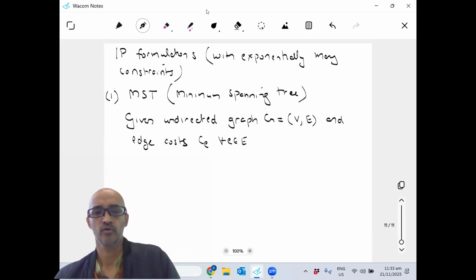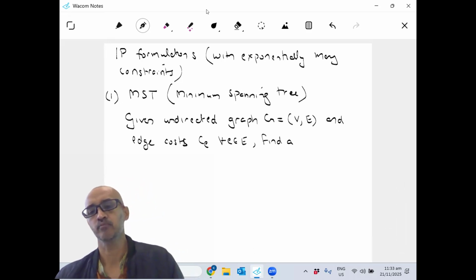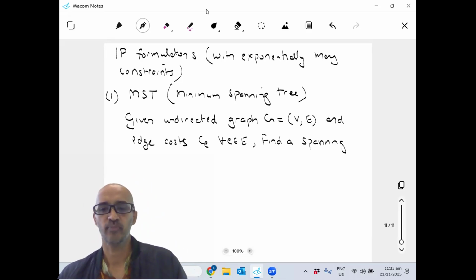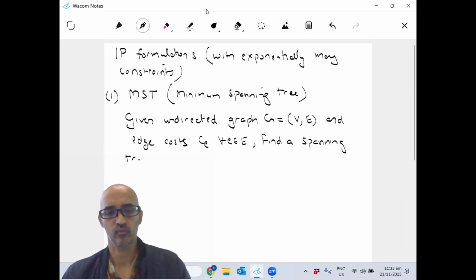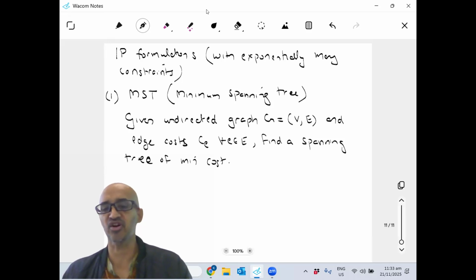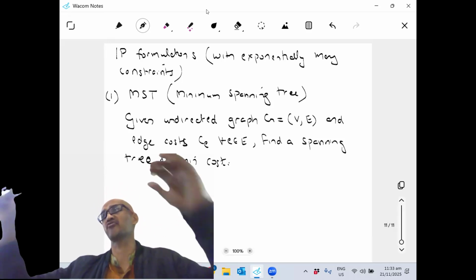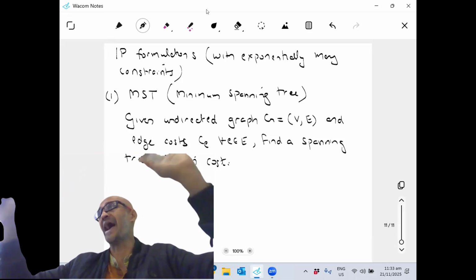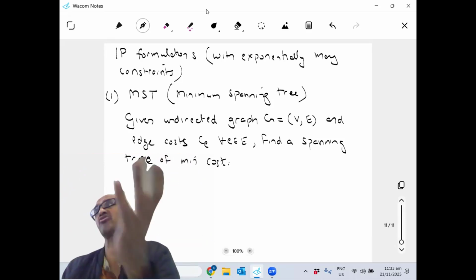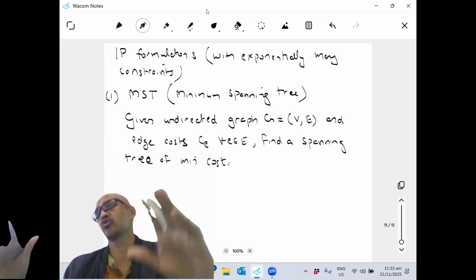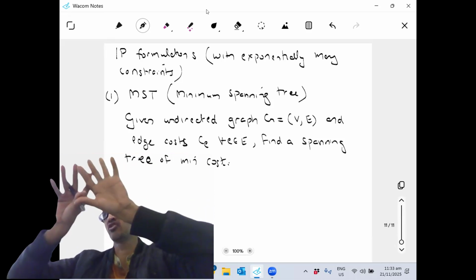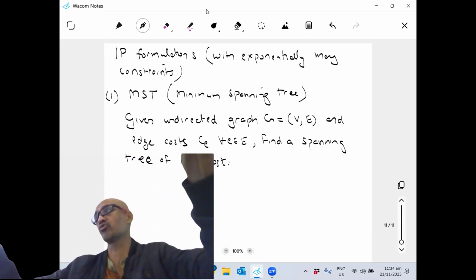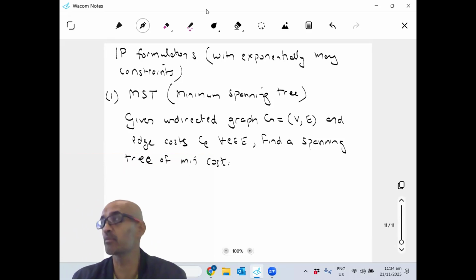Find a spanning tree of min cost. So what's a spanning tree? We have discussed this. A spanning tree is a graph that connects all the nodes and there are no cycles. So it's the sparsest connected graph. If I give you a set of nodes, it's the sparsest graph that connects all the nodes. So I want to find this of minimum cost.